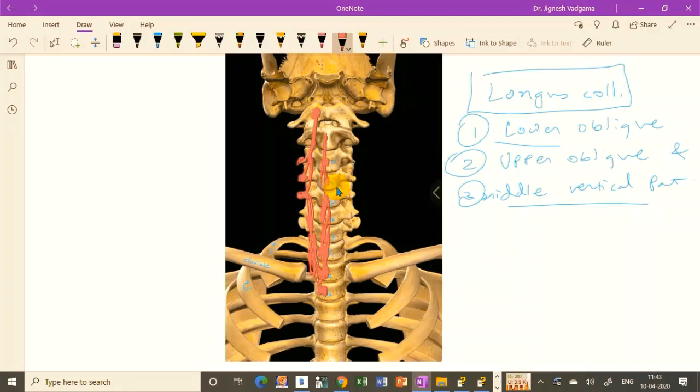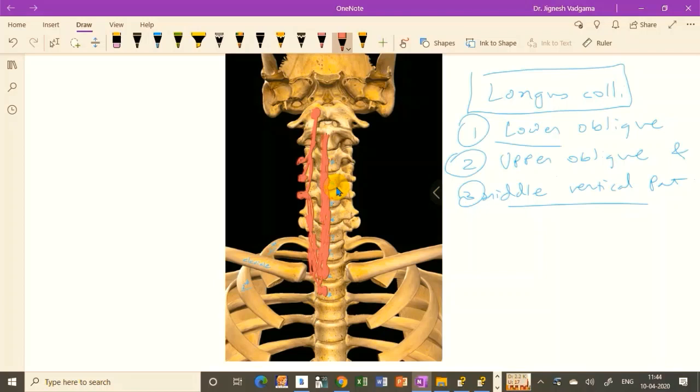So this muscle extends all the way from the T3 vertebra to the C2 vertebra. All three parts are collectively called the longus cervicis muscle. So the vertical part arises from T3, T2, T1, C7, C6 and C5, and inserts over C2, C3 and C4. It extends along the cervical vertebrae except the atlas, and also extends up to the upper three thoracic vertebrae.